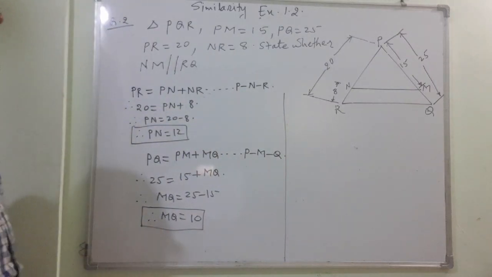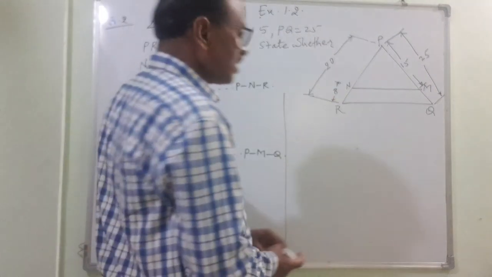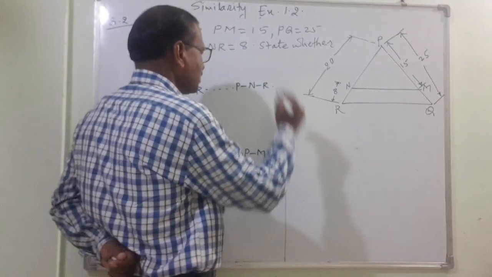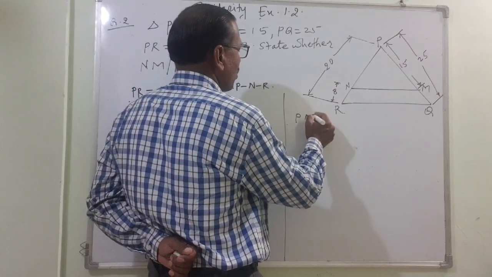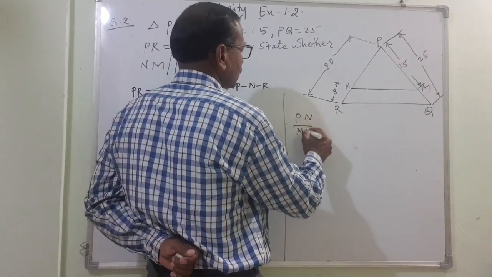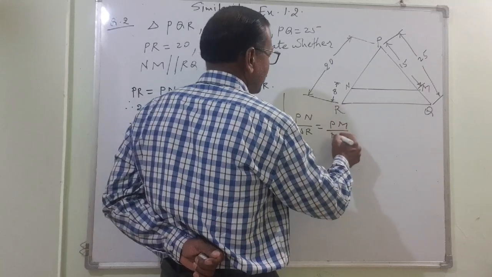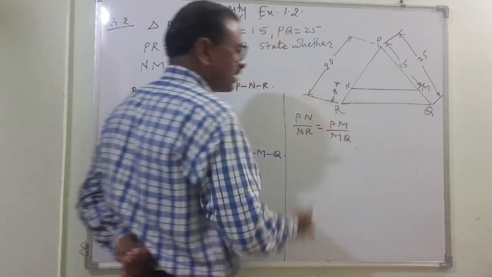Now, students make a very big mistake. Immediately they start PN upon NR is equal to PM upon MQ. This way they start, which is wrong, because this I still have to prove.